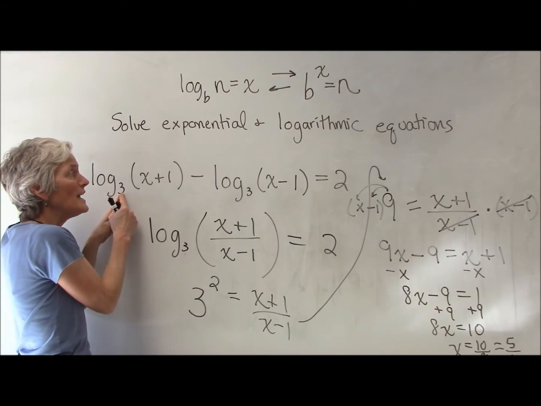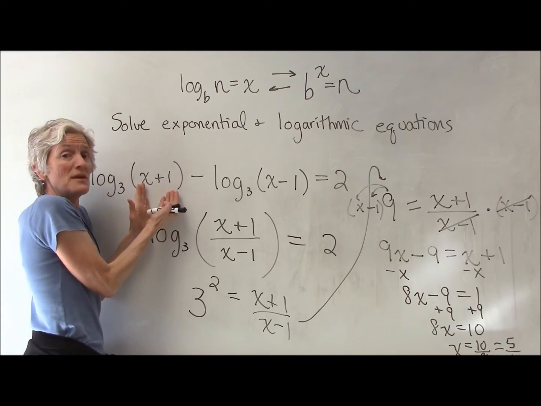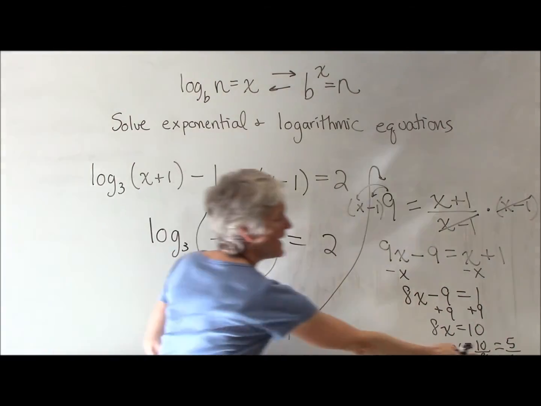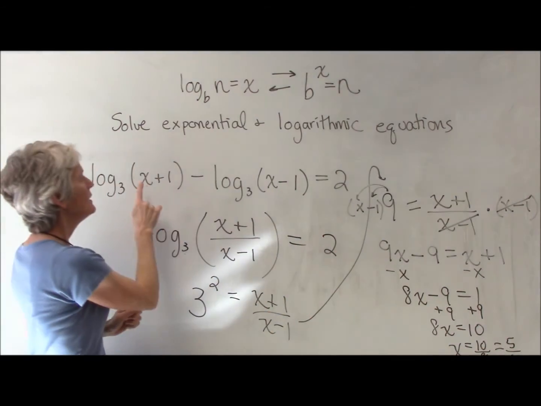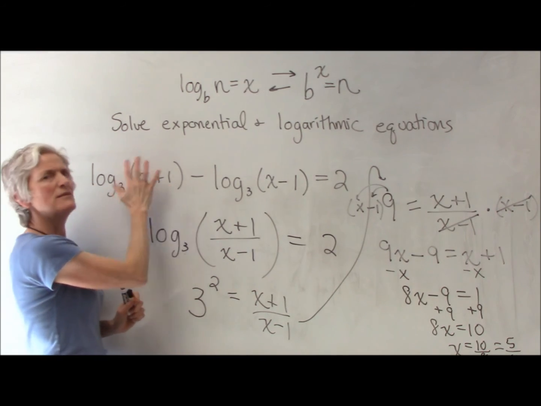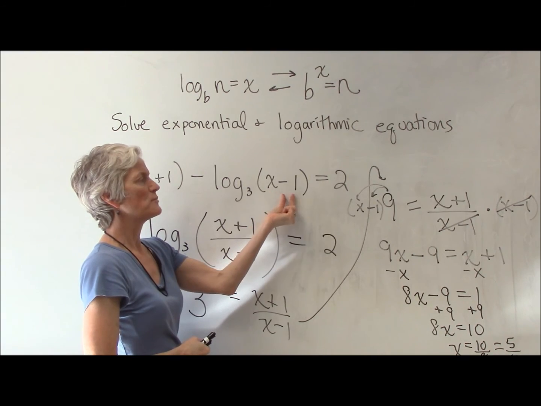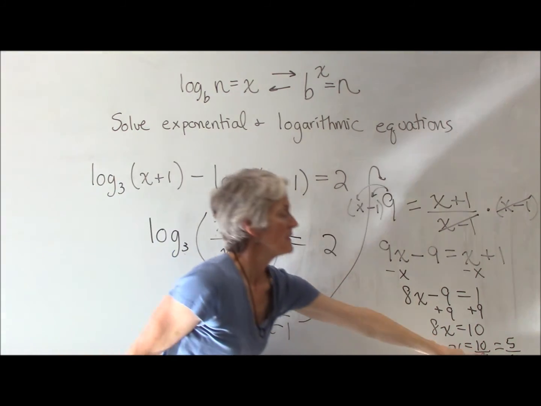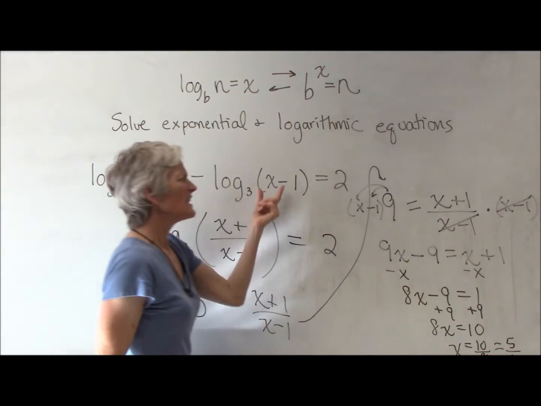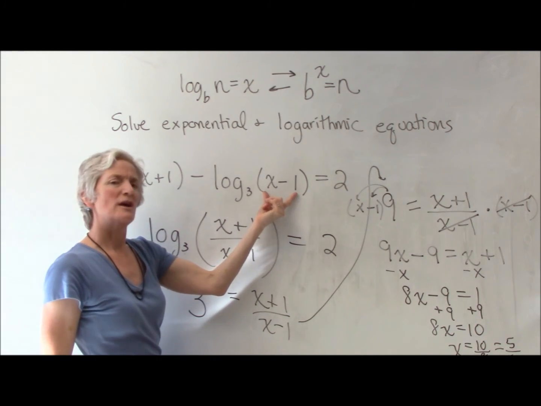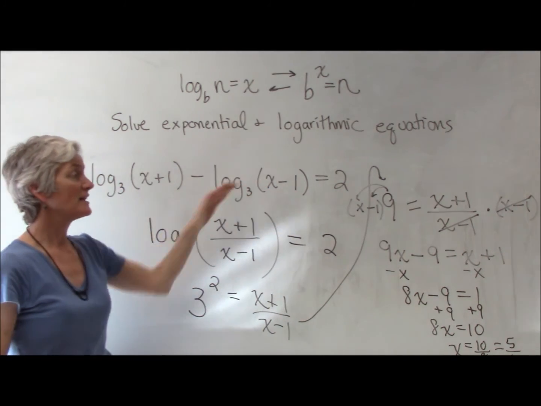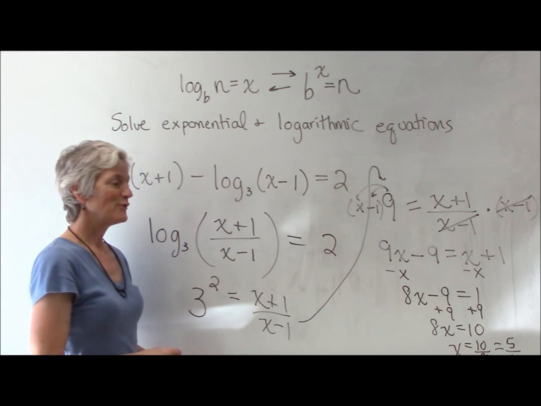I can't raise 3 to some power and end up with something negative. So 5/4, it's a little more than 1. A little more than 1 plus 1, I'm safe. Okay? Ooh, let's make sure here. 5/4 minus 1. Well, 5/4 is a little more than 1, so I'm pretty sure I'm safe. Of course, you could use your calculator to check this, and I think you'll find that it works.